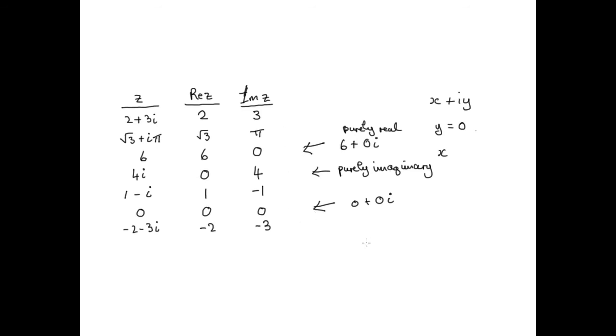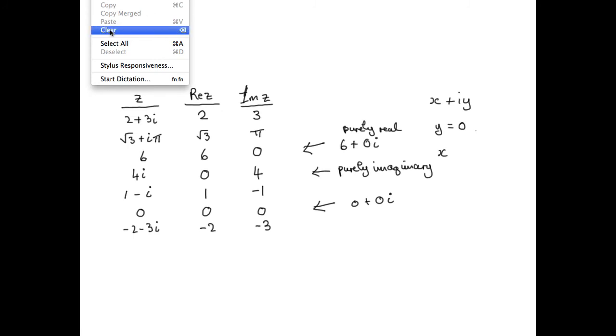I'm now going to move on and we're going to look at the original equation and see whether 1 plus 2i satisfies the equation we started with, which is z squared minus 2z plus 5.